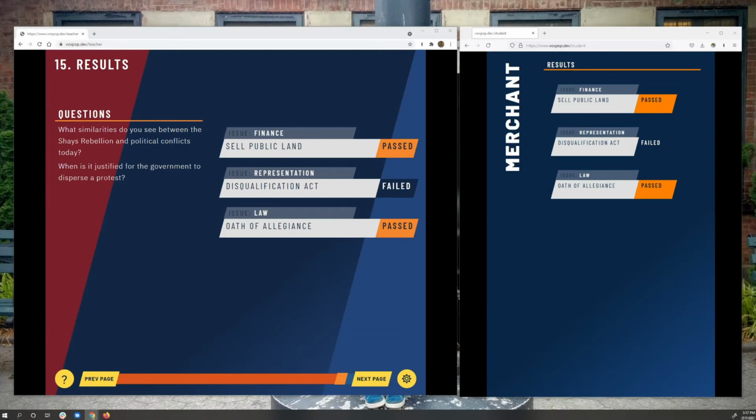Sometimes we look for proposals that are more on the radical end, because it's a balance between having students realize that the issues that people were facing in the 18th century are still issues that live on today. All of the proposals that you voted for actually happened, including the Disqualification Act, but you were more generous than people were at that time.